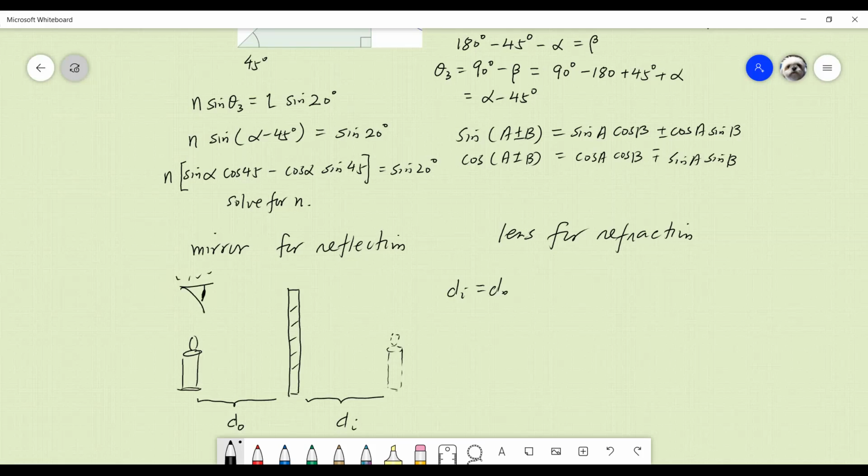Now you look at the light when the light reflects. I'm going to use the red color to trace the path. Now I should use the solid line. The dashed line means the virtual path.